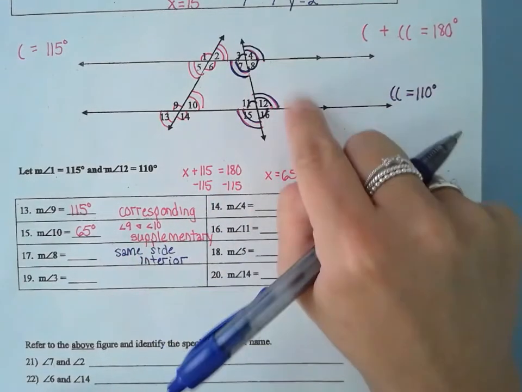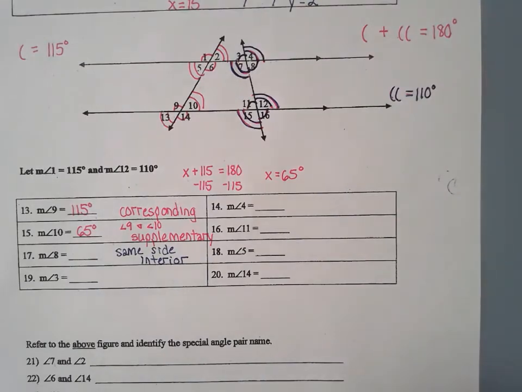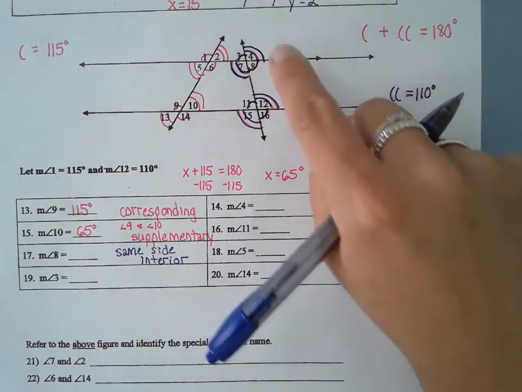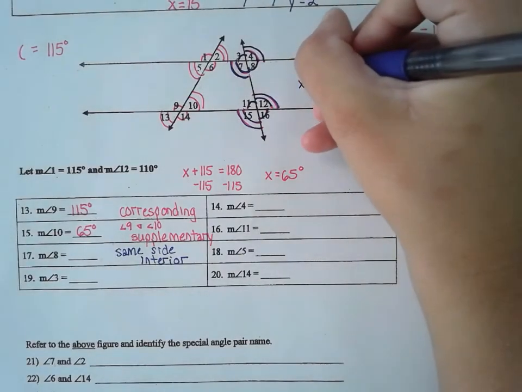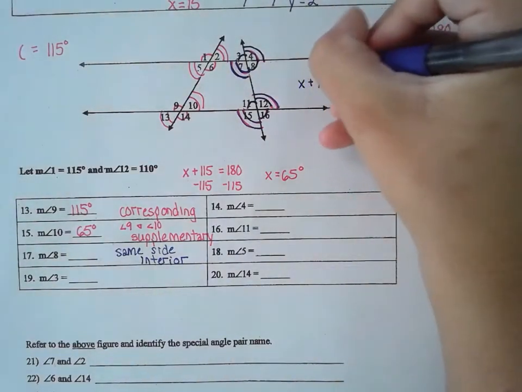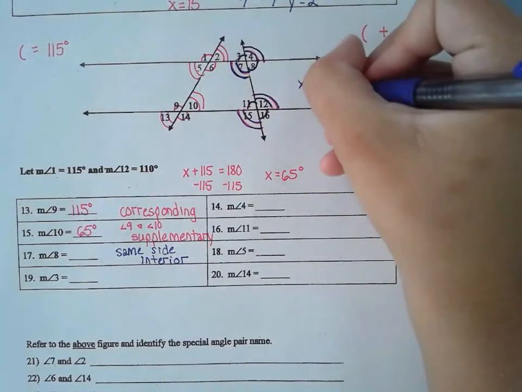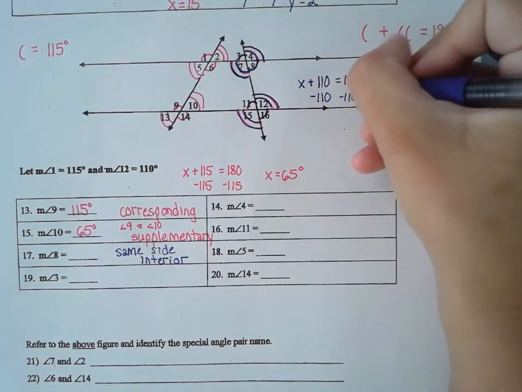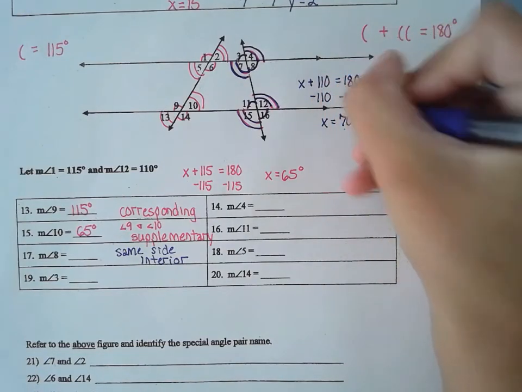Since these two are supplementary instead of congruent, since they both have different congruence marks, I would do x, which represents angle 8, plus 110 equals 180. Subtract 110 degrees from each side, and we're left with x equals 70.